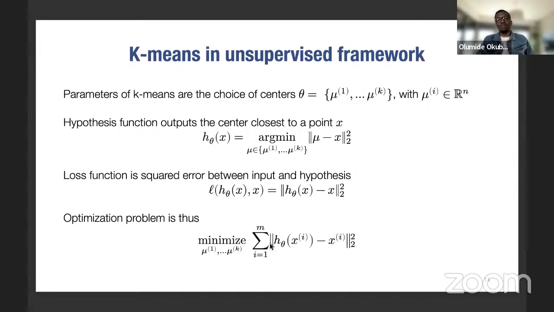The output of your hypothesis function is the center. So what is the distance? To see how well you're doing, to see your loss function, you're going to take every point in your data set and look at the squared distance between that point and the center that is closest to it.